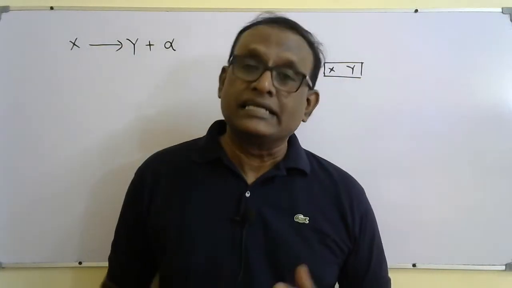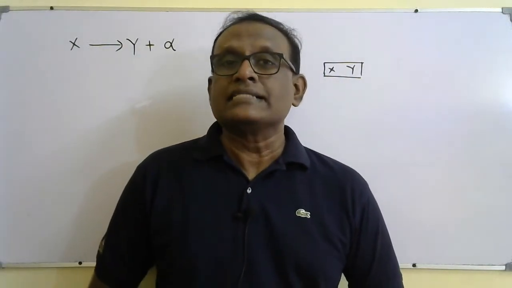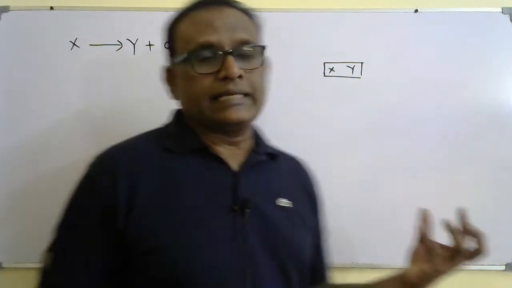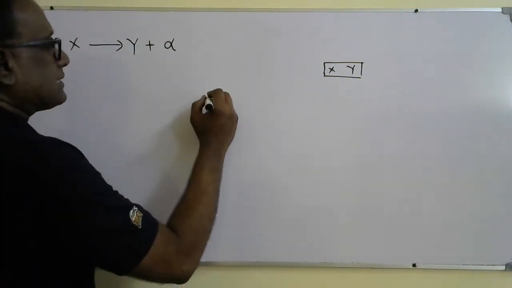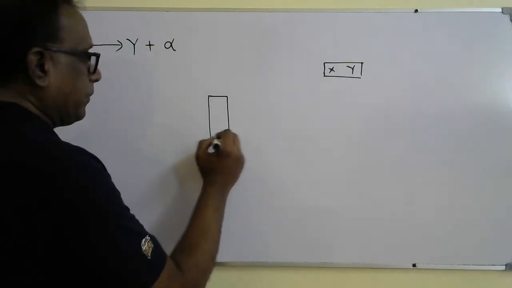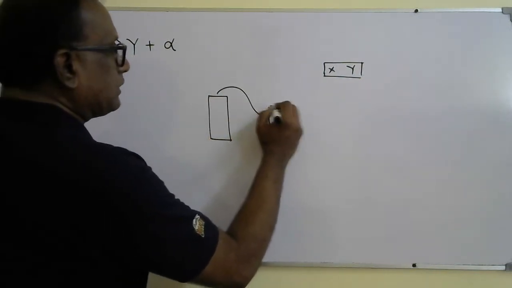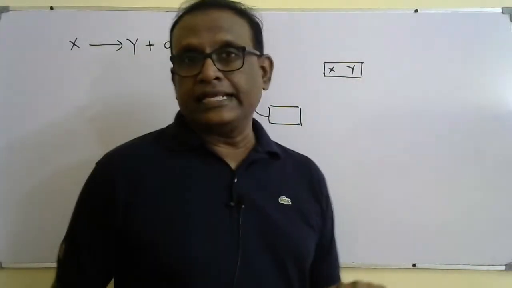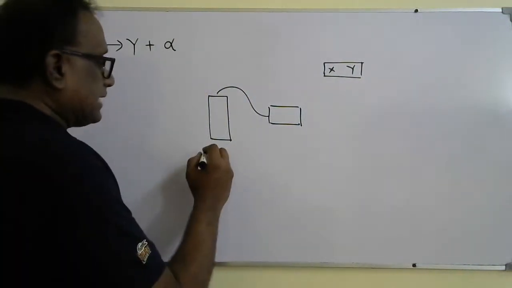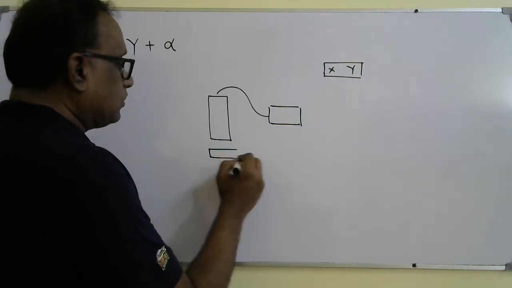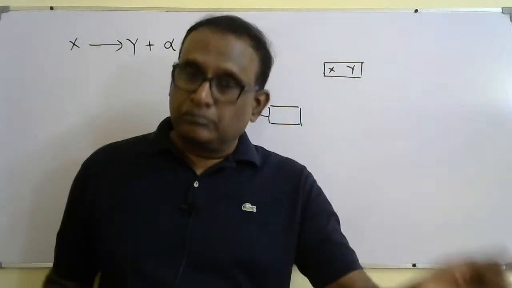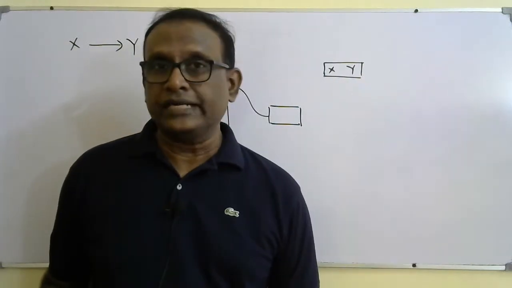So how can we confirm a given sample is emitting only alpha? Simple practical, the same setup. Again I am drawing it: this is the Geiger-Müller tube connected to the GM counter. First measure the background count rate. Then keep the given sample X closer to the GM tube window and measure the count rate. It will be much above the background count rate.